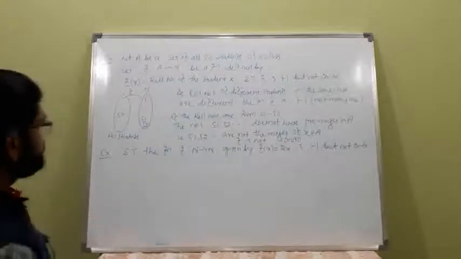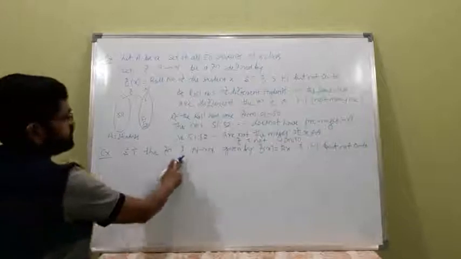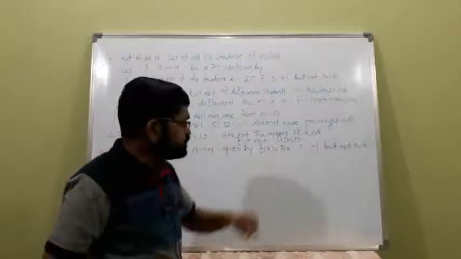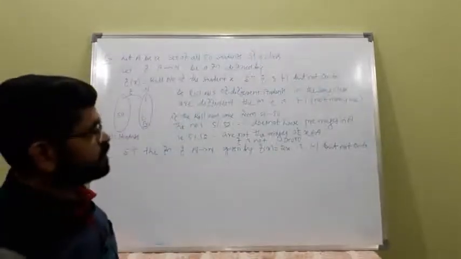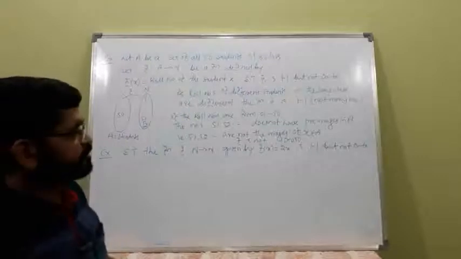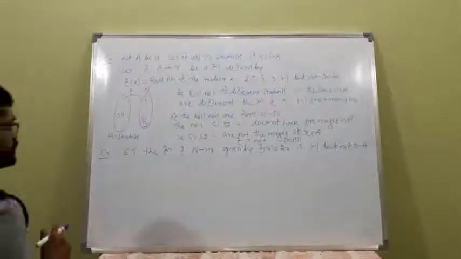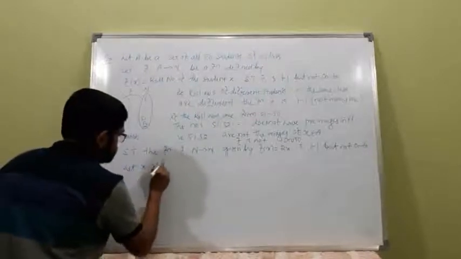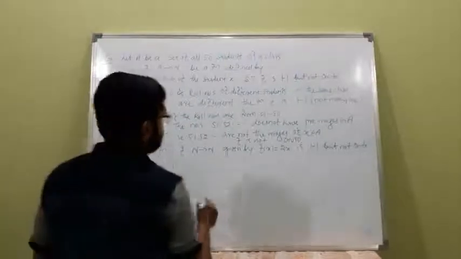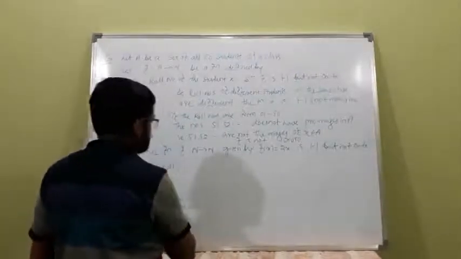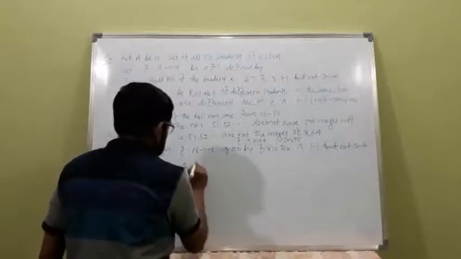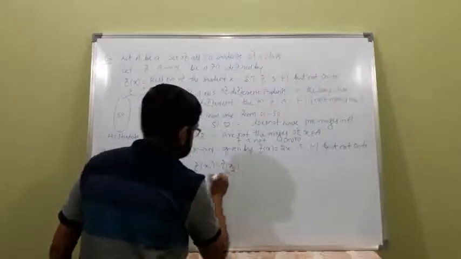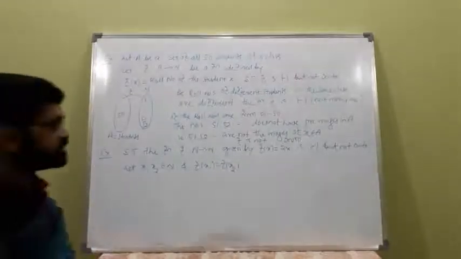One thing is over. Show that the function f from the set of natural numbers to the set of natural numbers given by f(x) is equal to 2x is 1-to-1 but not onto. This you have to prove. Okay, let x1, x2 belong to the set of natural numbers, and suppose f(x1) is equal to f(x2).